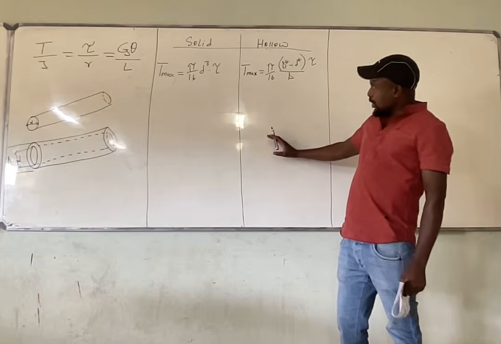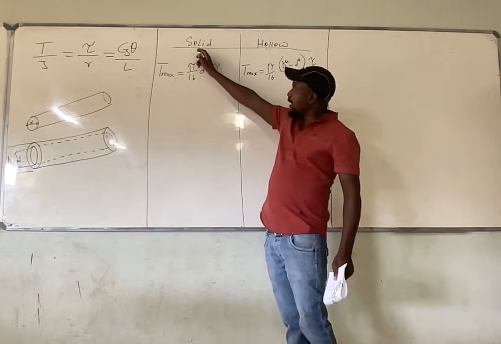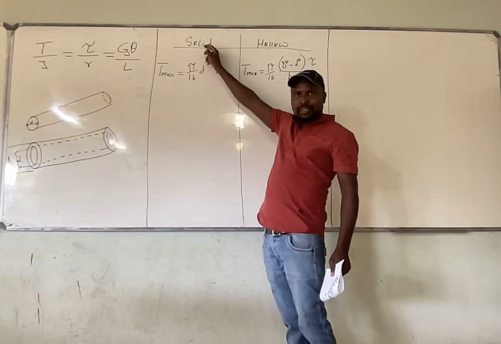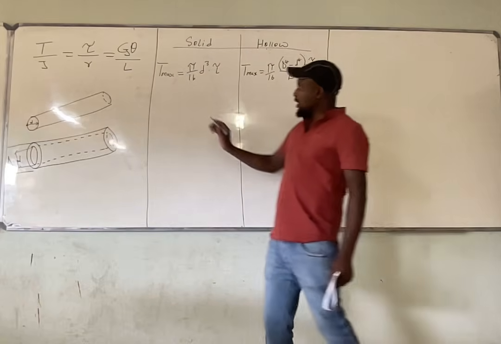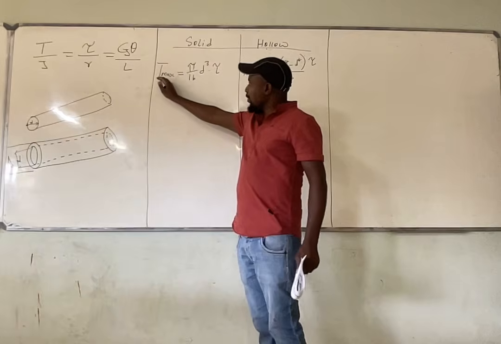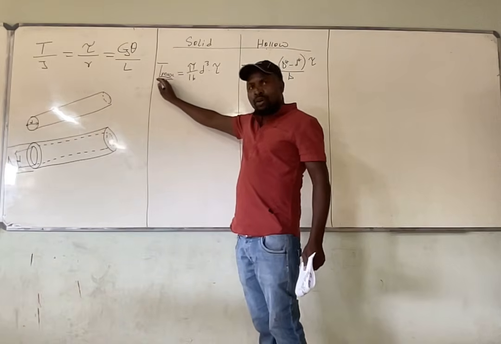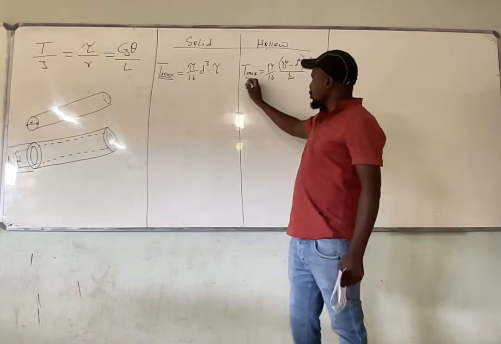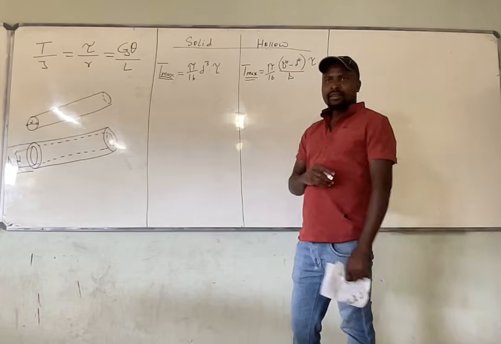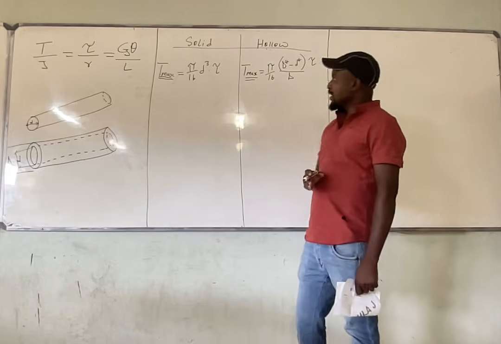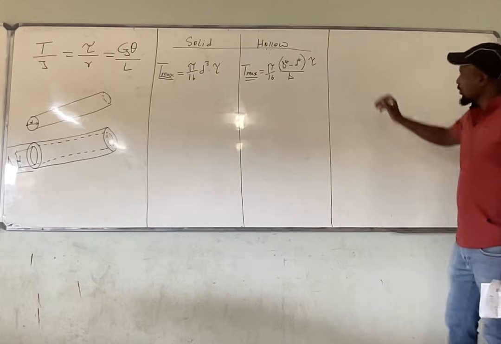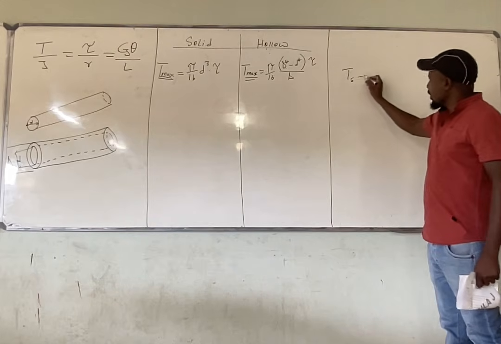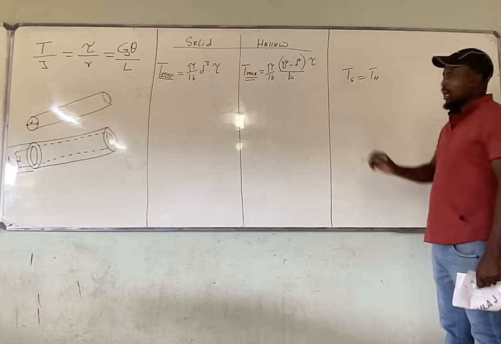So, in another way, if you are told to replace a solid shaft by a hollow shaft, what are they trying to tell you? They are telling you that the Tmax for solid is equal to Tmax for hollow. When they say replace a solid shaft by a hollow shaft, they are saying T solid is equal to T hollow.